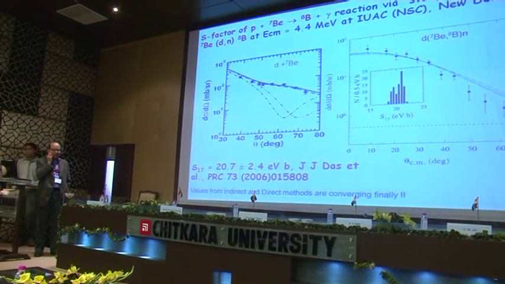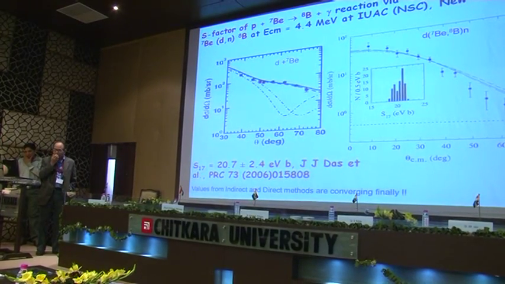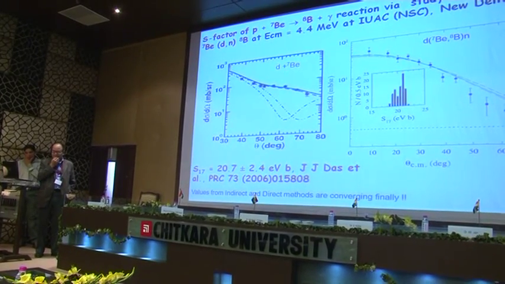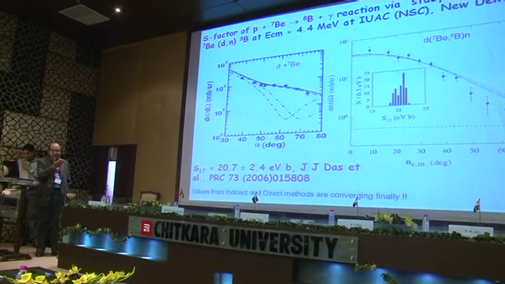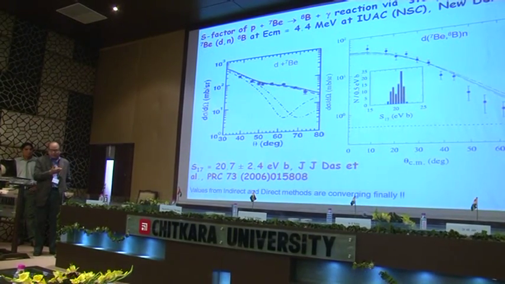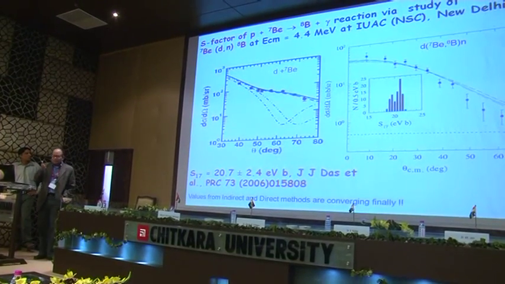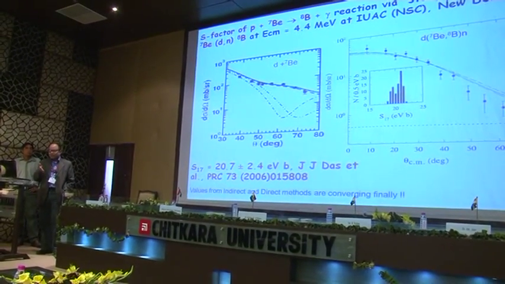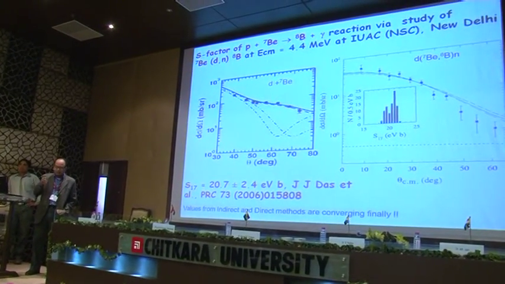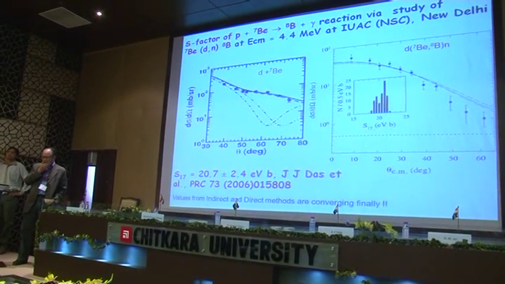This is the solar fusion reaction, and it is very important to know precisely the astrophysical S factor for this reaction. This was one indirect way, because the cross section for this reaction is required at very, very low relative energies, and those energies are not accessible in the laboratory, although later on some people have performed some measurements for direct processes as well.